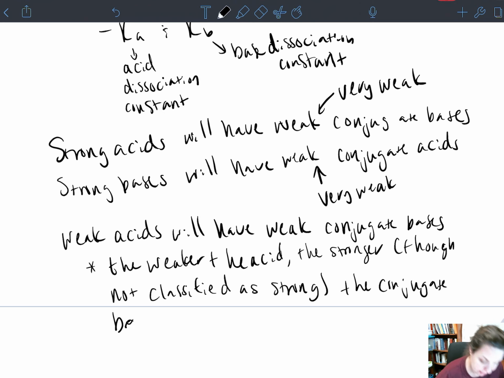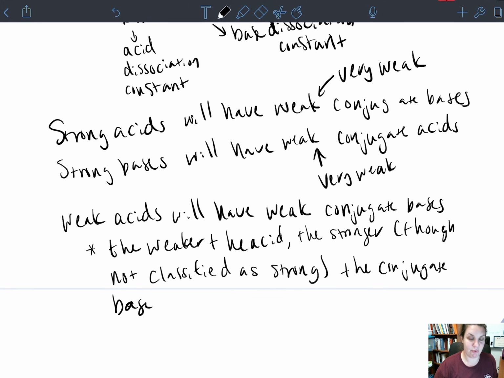So what I mean by this is a weak acid will have a weak conjugate base, but if we're comparing, a weaker acid will form a less weak conjugate base. A stronger weak acid, or a less weak acid, will produce a weaker weak conjugate base.